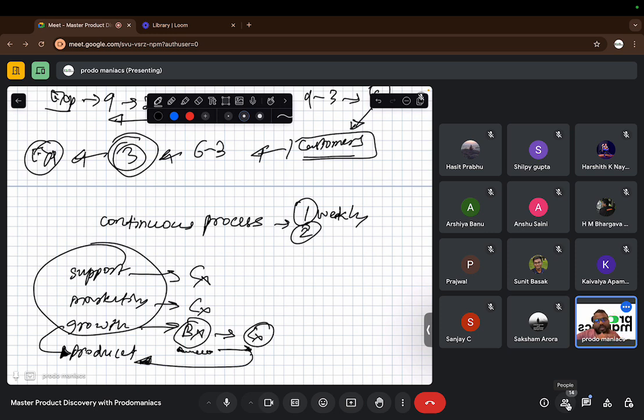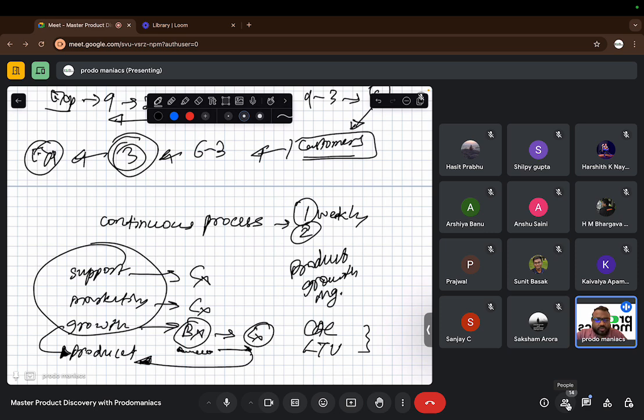So growth and product are closely linked, and now you will see a lot of companies hiring product growth managers. Their role is to understand the business: how can you reduce customer acquisition cost, increase lifetime value, all these metrics, and based on your customer and business understanding, how can you work with product to get more influx of customers, and at the bottom of the funnel, have fewer people churning out and more conversion happening.